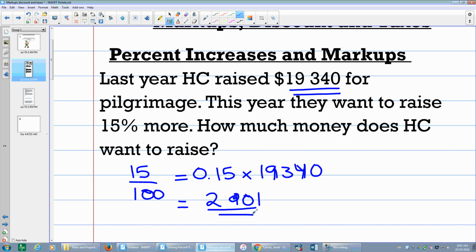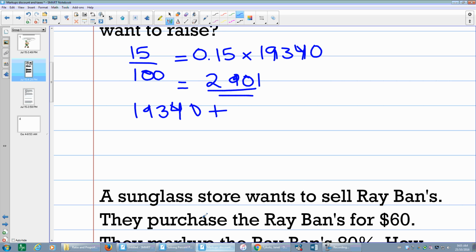So to find out my total answer here, I'm going to take 19,340 and add it with the 15%, which is the 2,901.